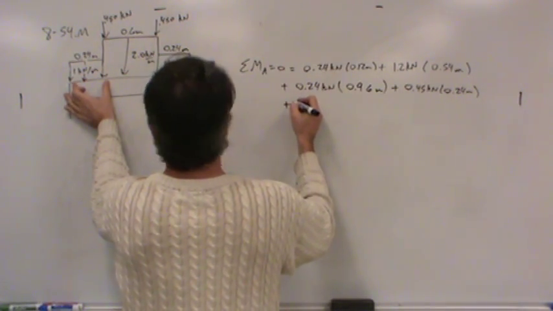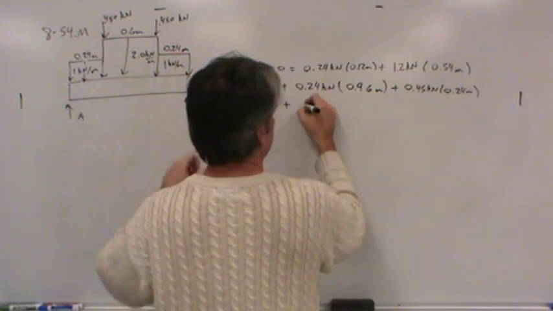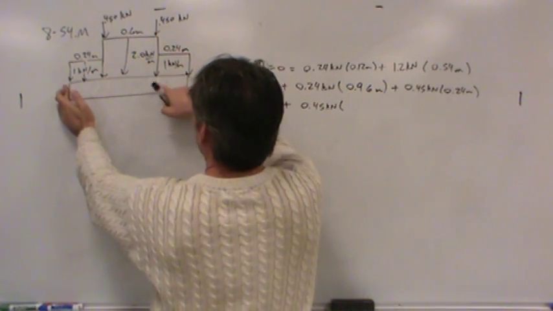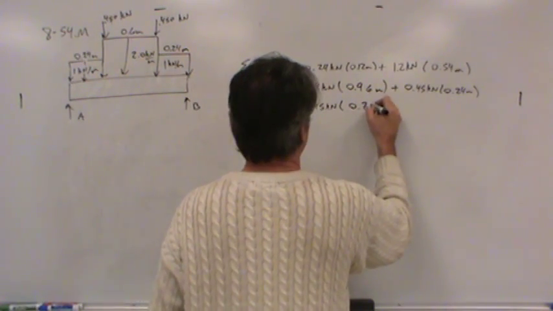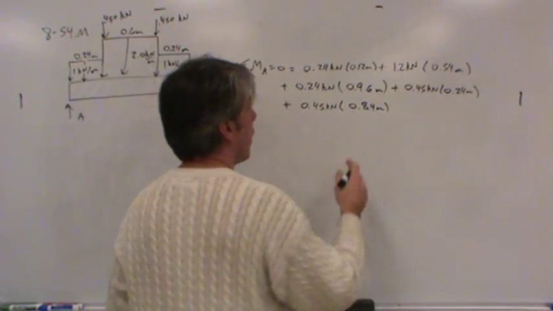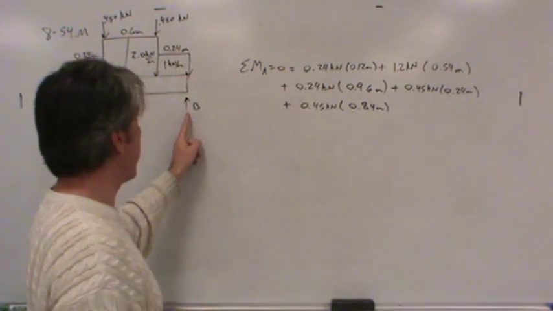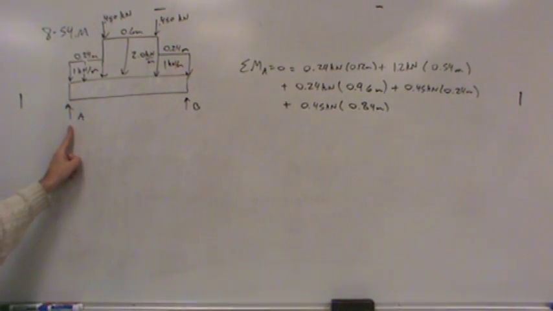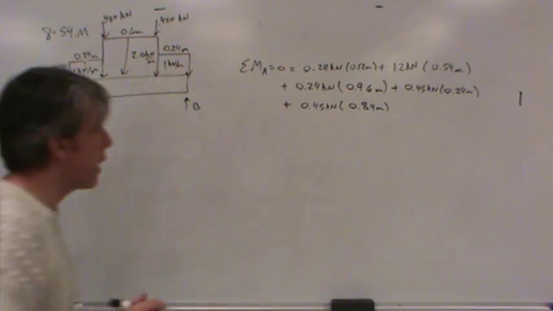And then finally, 0.45 kilonewtons multiplied by a moment arm of 0.84 meters, so 0.24 plus 0.6. Okay, now all of this has to be balanced by the reaction over here. Fortunately, since this is symmetrical, the load over here will be exactly the same. So once we're done with this, we've got our reactions.